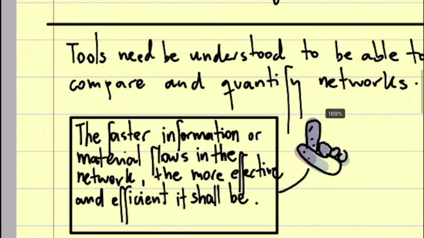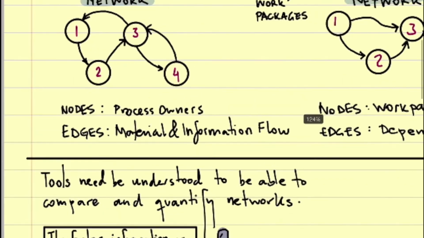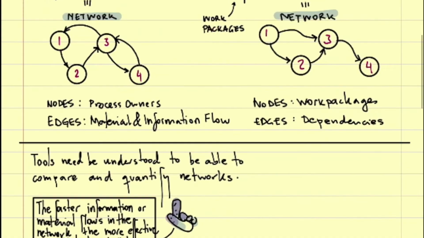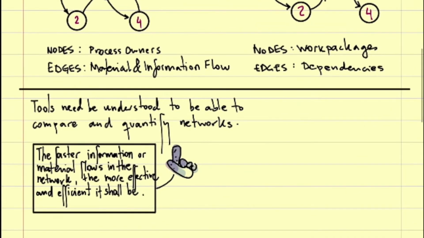This sounds intuitively logical, right? The faster I get from 1 to 4, the faster my process will go. The faster I get from 1 to 4, the faster my project will go. Does it make sense to you?